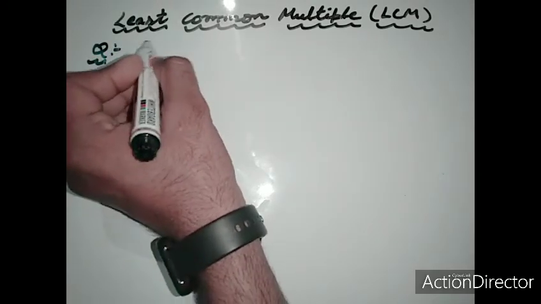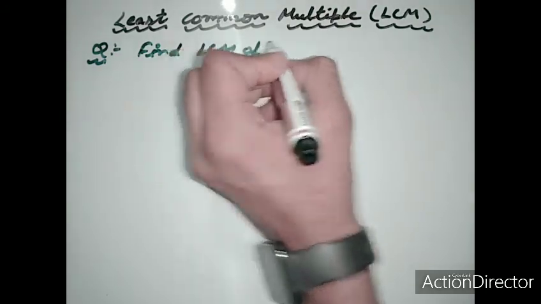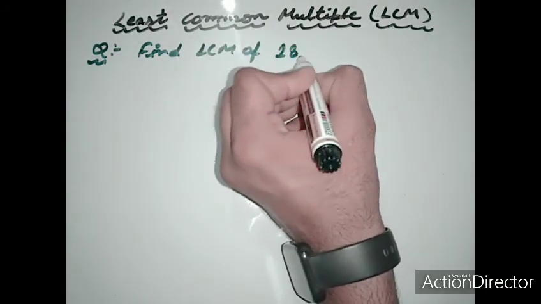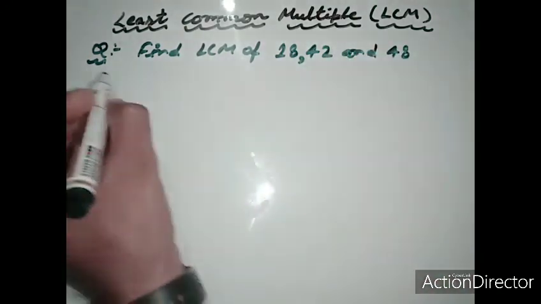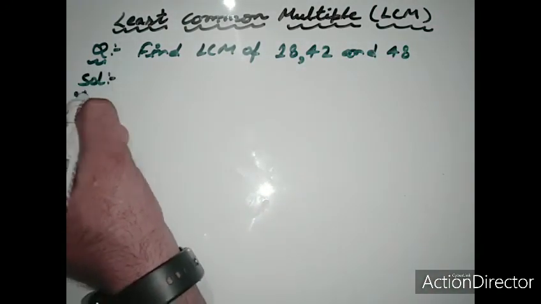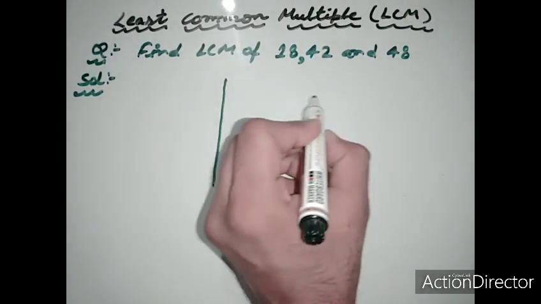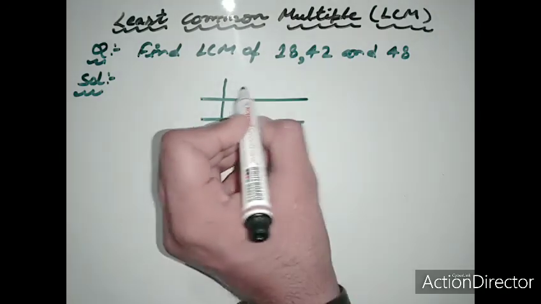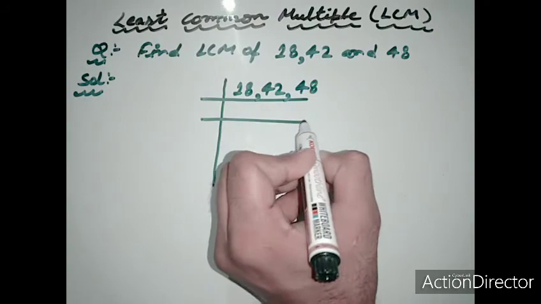To find the LCM of 18, 42 and 48, right, by using the division method. So here we take all these 3 numbers, 18, 42 and 48.